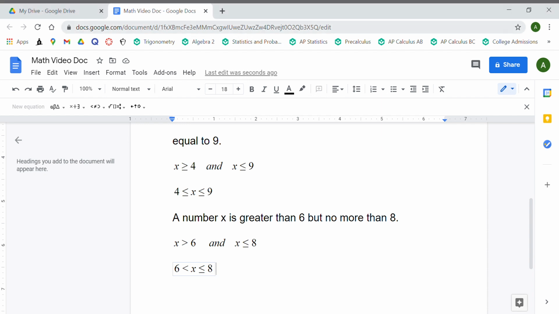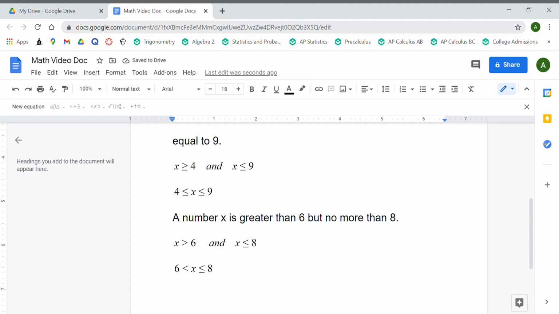And then it can be equal to 8, so we can draw a closed circle here. And then we shade the area in between. Isn't that wonderful? Alright, so that's how you can write and graph and inequalities.